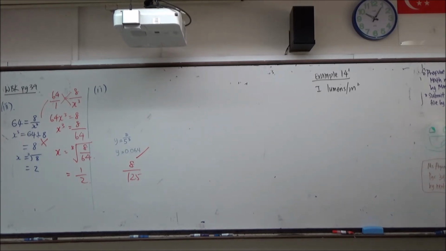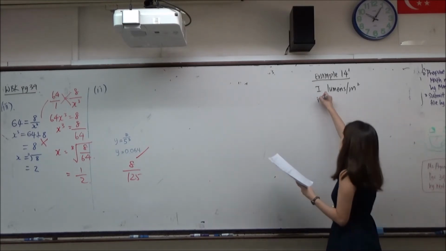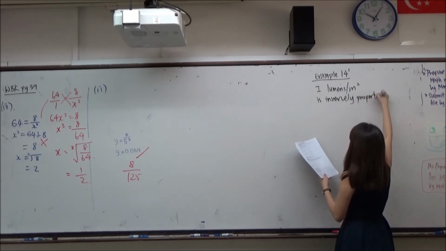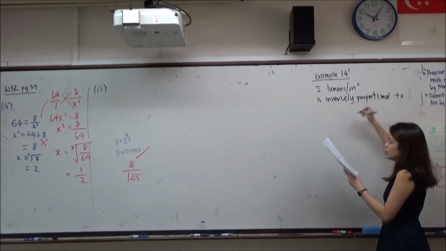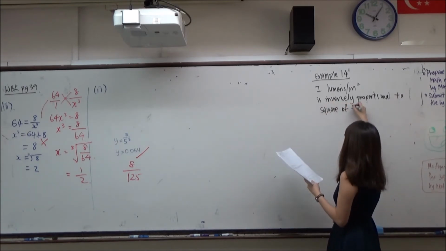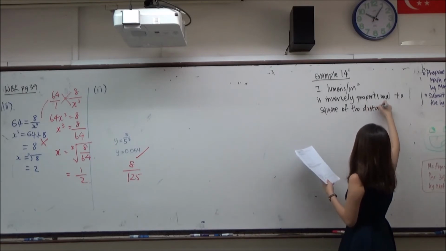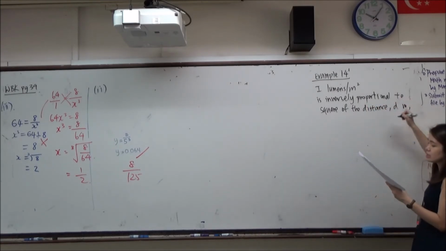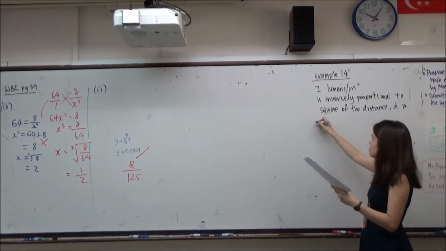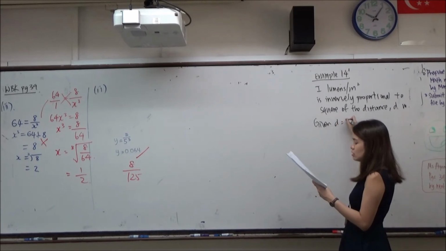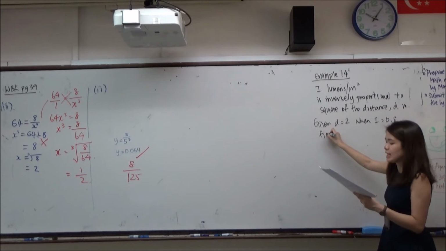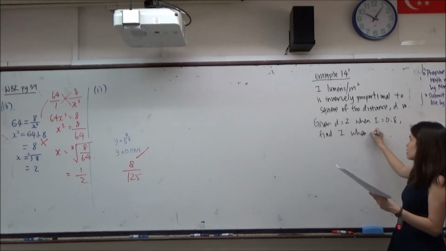And then at a point on the screen is inversely proportional to the square of the distance, which is d meters, okay, of the light source from the point. So we are given that d is equals to 2 when I is equals to 0.8. We want to find out what is I when d is equals to 4.